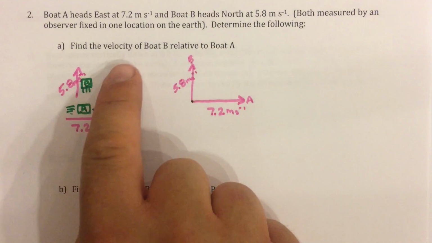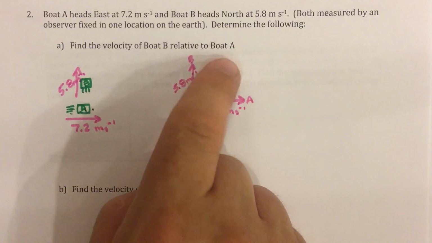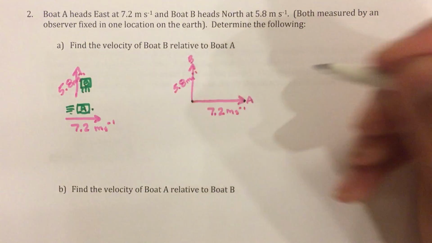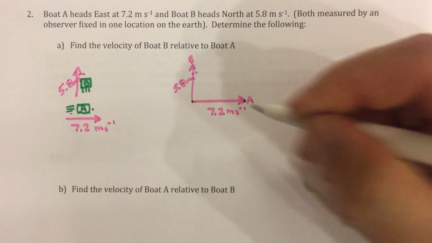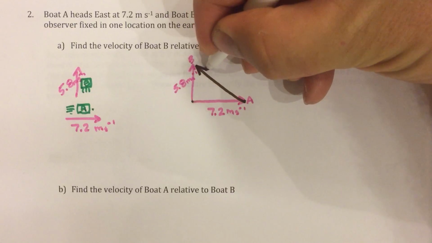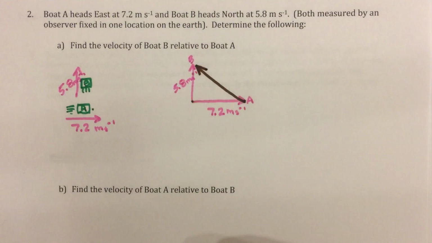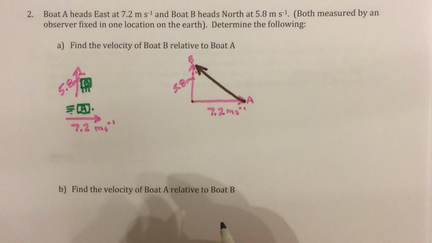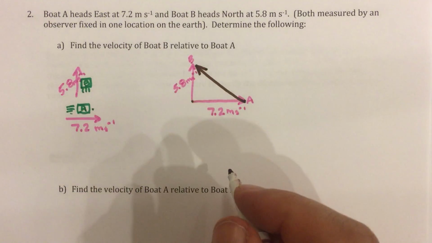It says find the velocity of boat B relative to boat A. So if you're at boat A, in this spot here, what is the velocity of boat B? What does it look like? Well, it looks like boat B is going that way. And in order to find the magnitude of that, we would do the Pythagorean theorem.